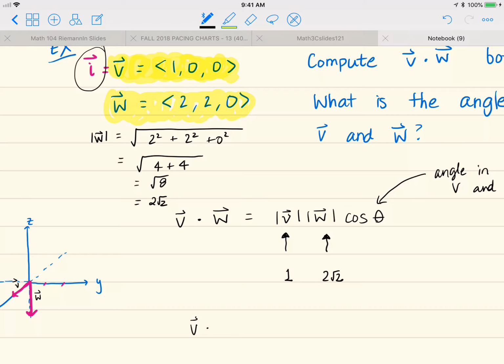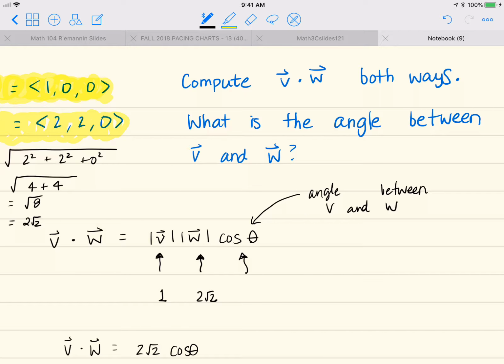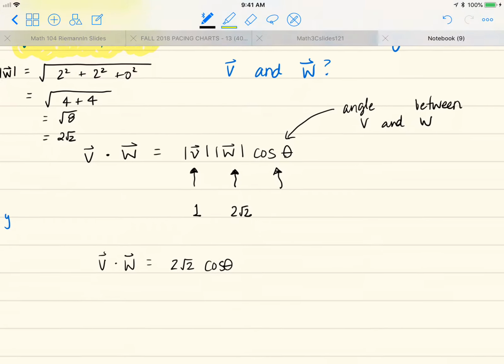So far I know that v dot w is equal to 1 times 2 root 2 times cosine of theta, where theta is the angle between v and w. I'll be able to figure out cosine of theta once I know that angle. Since that's the second part of this question, I'll do that afterwards.